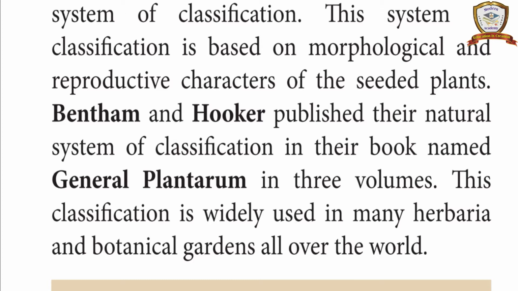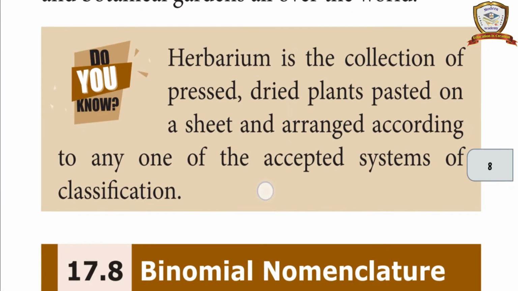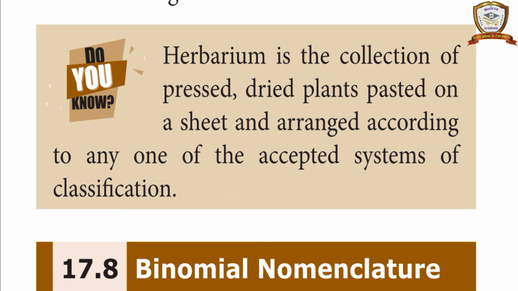This classification is widely used in many herbaria and botanical gardens all over the world. Do you know? Herbarium is the collection of pressed, dried plants pasted on a sheet and arranged according to any one of the accepted systems of classification.